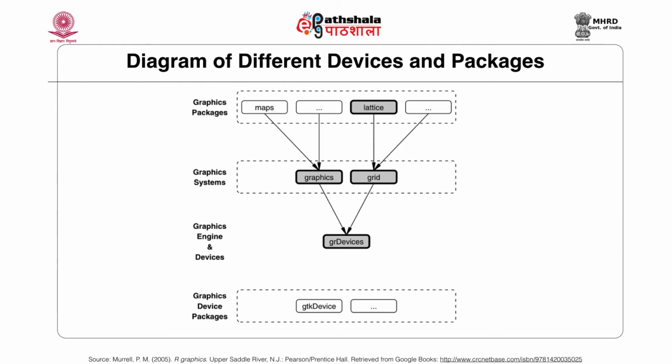R comes with some graphics packages, for instance the lattice package, which is based on the grid system of graphics, or the maps package, which is based on the standard traditional graphics system. And beneath that layer you have a system known as the graphics system.